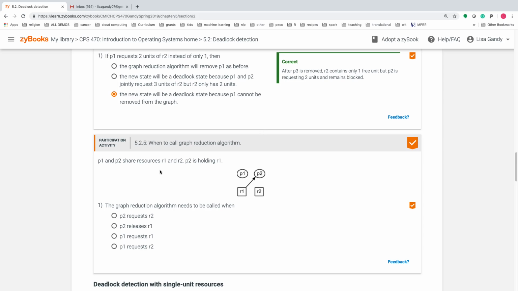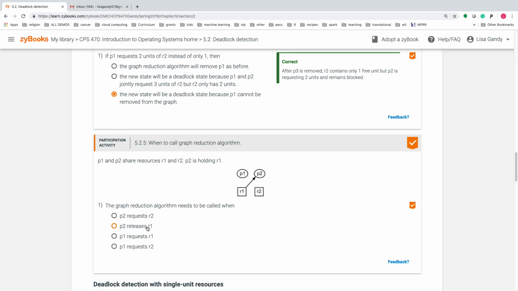So P1 and P2 are sharing resources R1 and R2. P2 is holding R1. So here we see our resource allocation graph. So the graph reduction algorithm needs to be called when P2 requests R2? No, because we only call it when something's blocked. It won't be blocked.